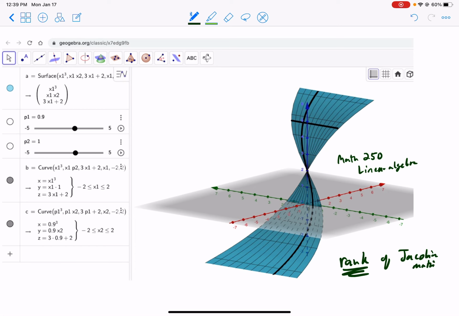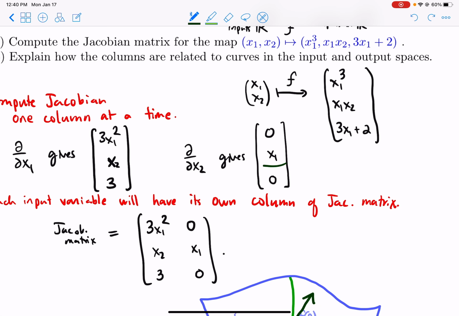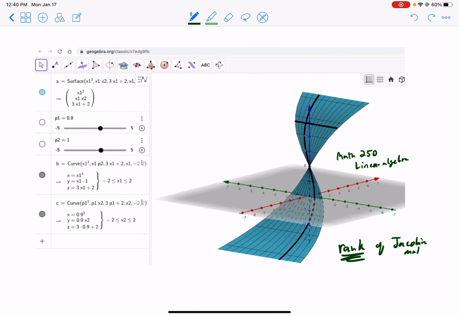And when the rank drops, you will find weird points like this. And actually, in this case, it corresponds to the fact that at a particular point, namely when x1 is equal to 0, the second column is just the entire 0, just 0, 0, 0, and that would be a weird point.